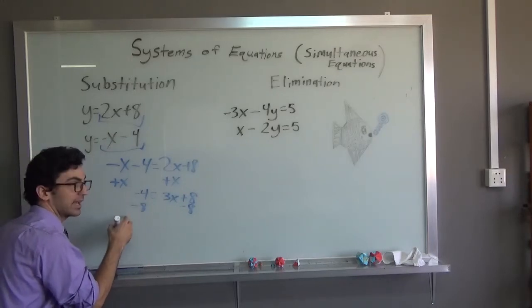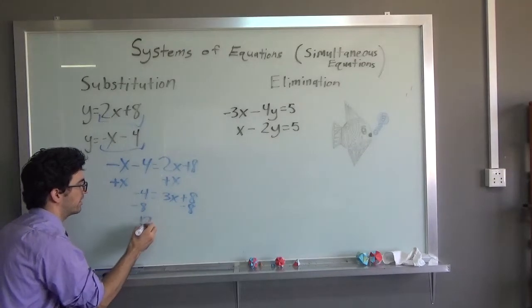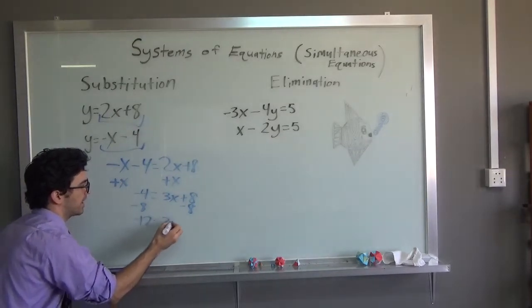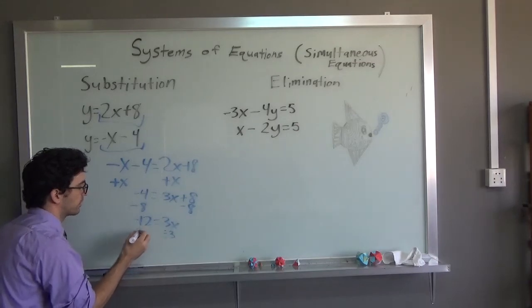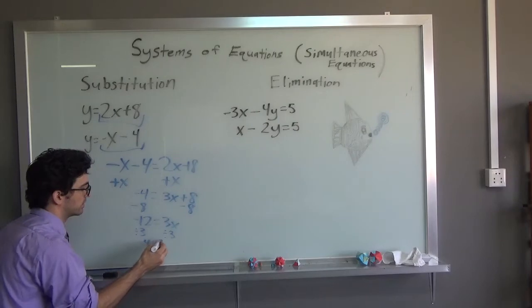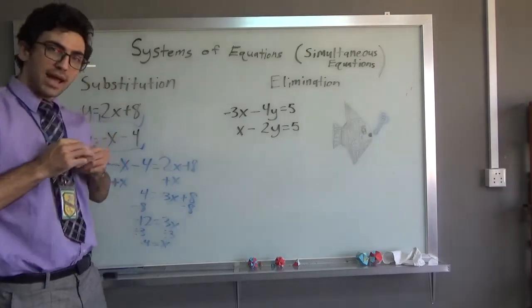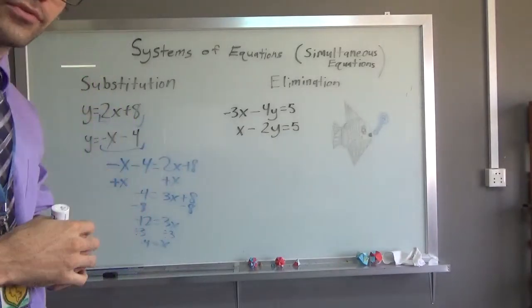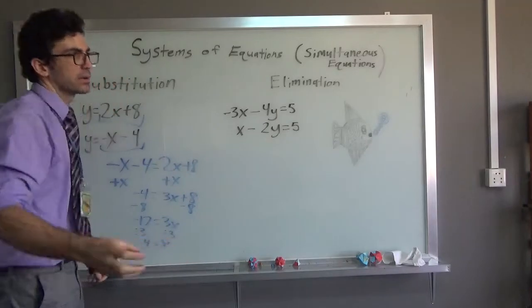We have negative 4 minus 8, which is negative 12, equals 3x. We will divide both sides by 3. Negative 4 equals x.